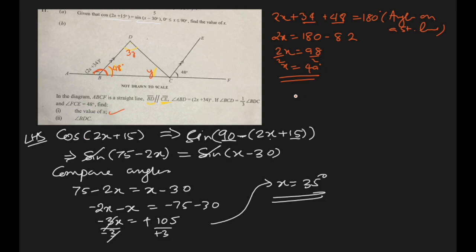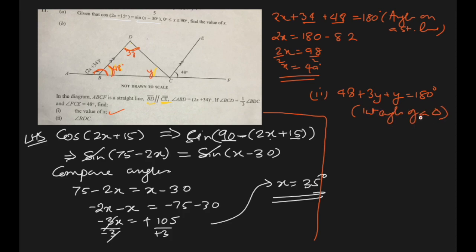Part 1 done. What about part 2? We have to find angle BDC, this 3y. We know these angles now: 48, 3y and y. So 48 + 3y + y will be equal to 180 degrees, the reason being they are interior angles of a triangle.